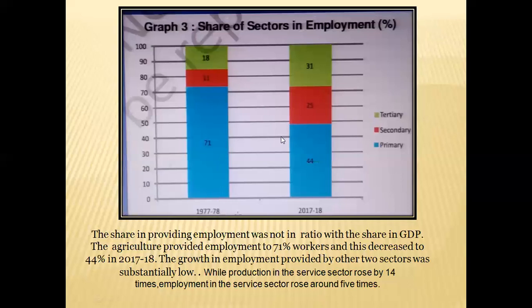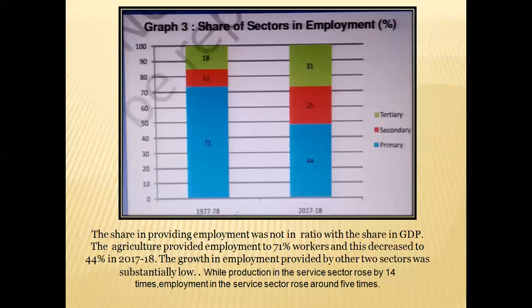People employed in agriculture has decreased. This percentage is only 44%. Percentage of people employed in industries has increased to 25. In tertiary sector, employment has increased, but not as compared to their share in GDP.